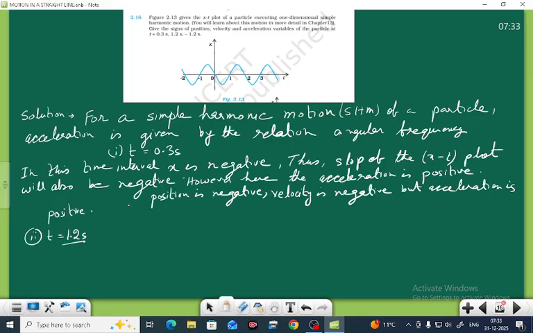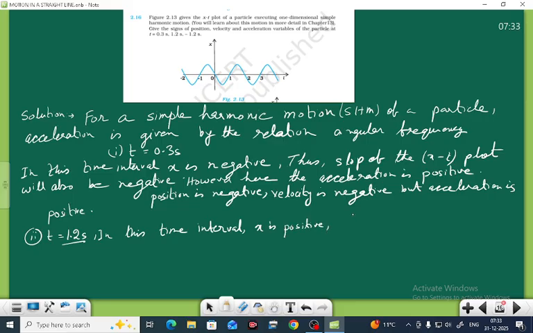In this time interval, both velocity and position, x is positive.